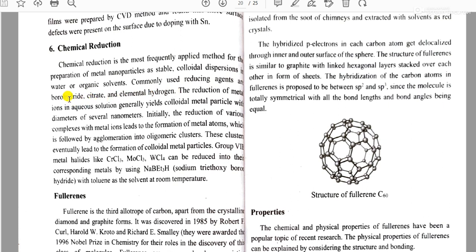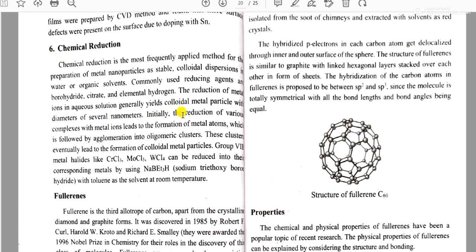So these are the common reducing agents used in the chemical reduction technique. Then the reduction of metal ions in aqueous solution generally yields colloidal metal particles with diameters of several nanometers.